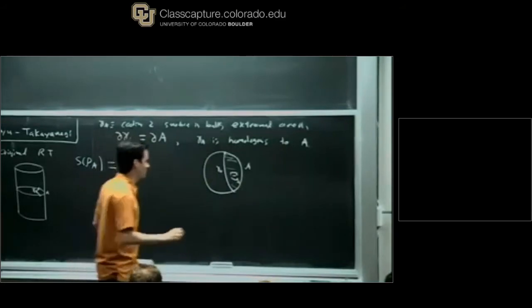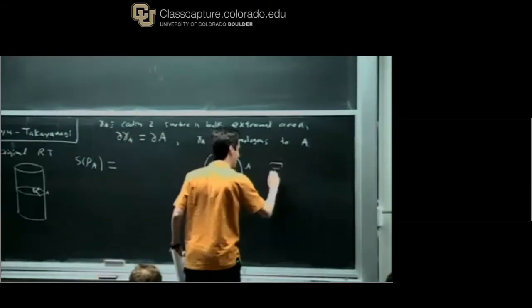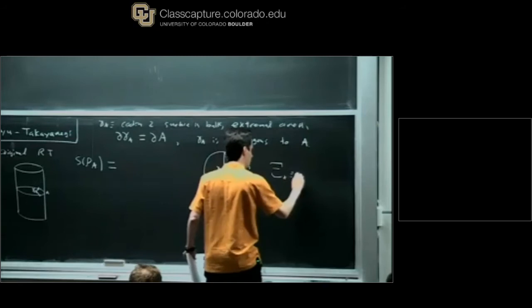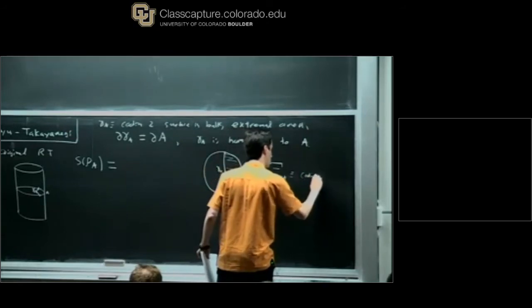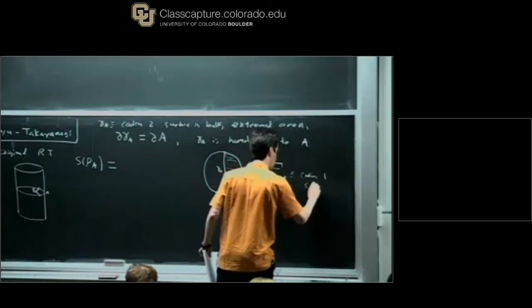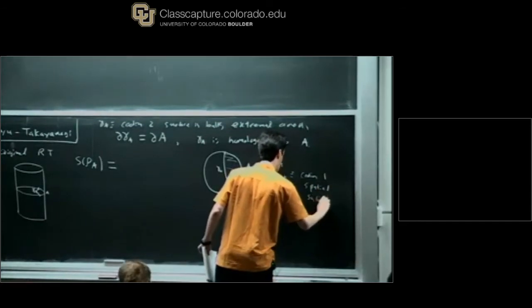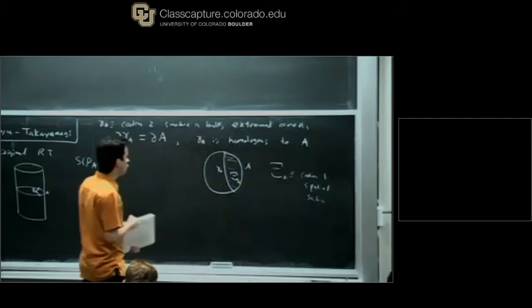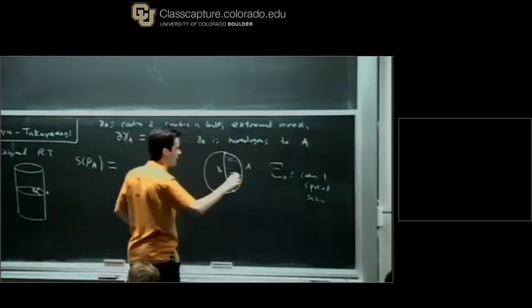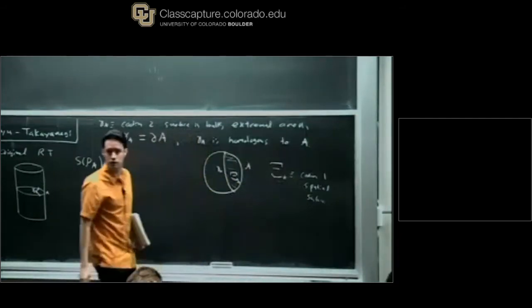So capital C is a codimension 1 spatial surface. Gamma A being homologous to A means there exists such a surface.